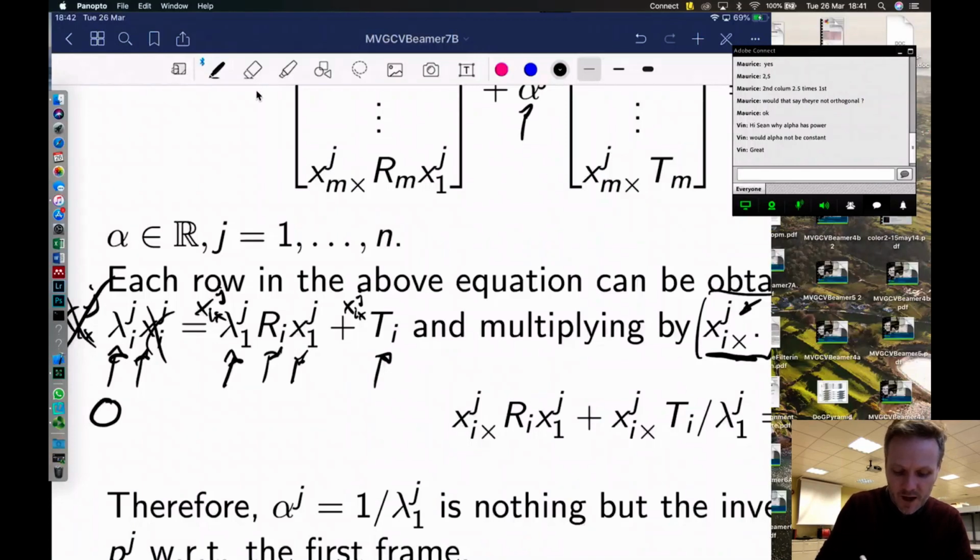Now the thing is that we have a lambda value here, and we know that all of that is going to be equal to 0. So what we're going to do is divide across by lambda 1j. Bear in mind that what this tells us is something about where the 3D point is in relation to our first camera.